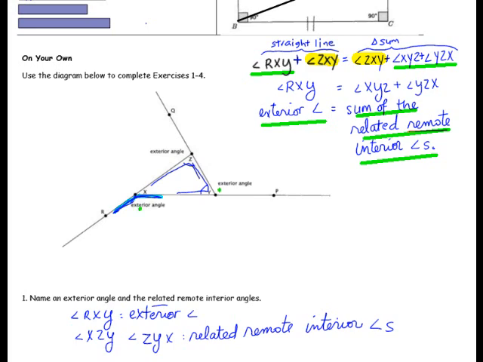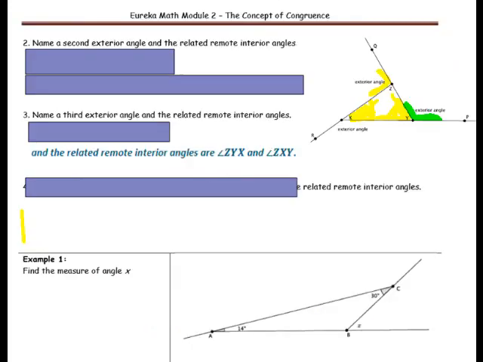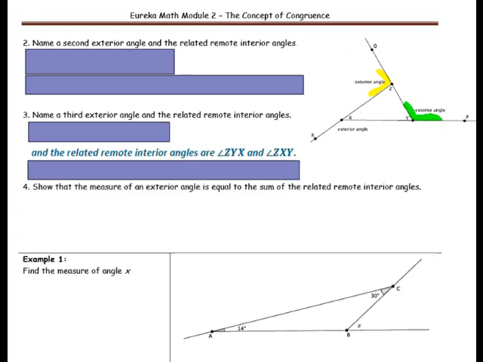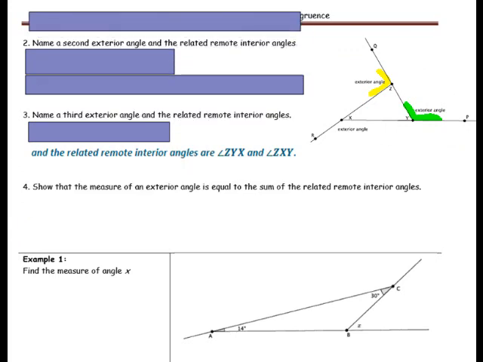So there are 3 exterior angles, so 3 opportunities to prove it. So we've done one of them using this angle. Now we're going to do another example. So I have my drawing over here, and let's go ahead and do this problem.